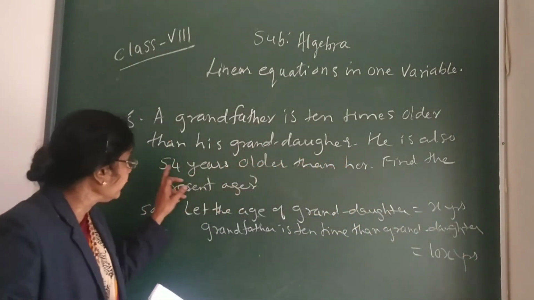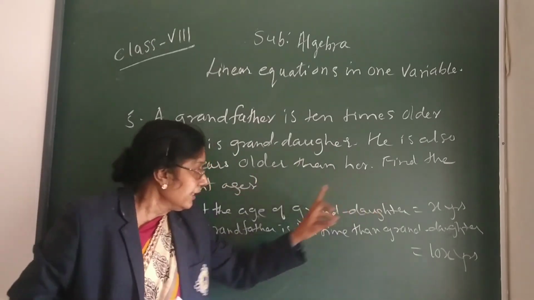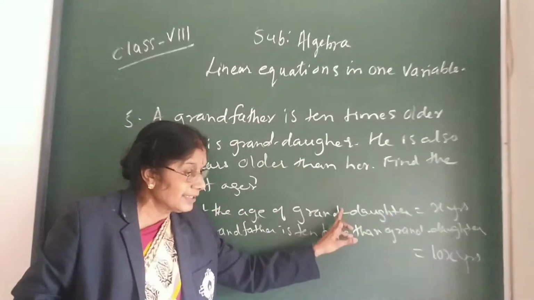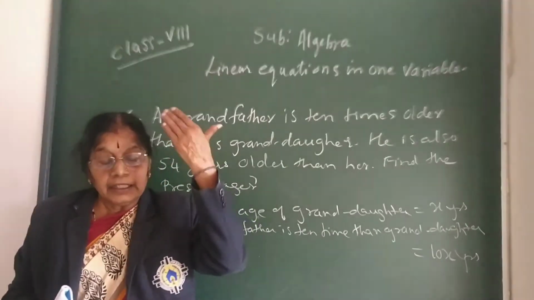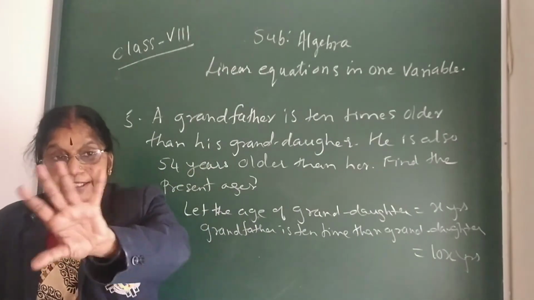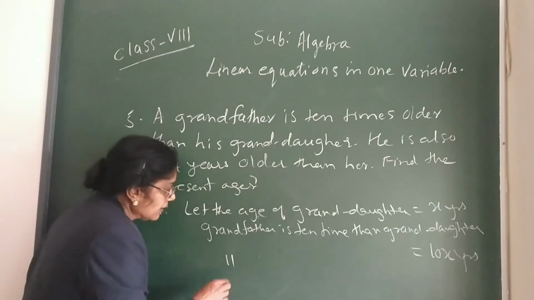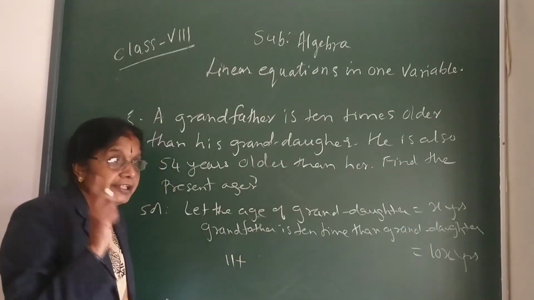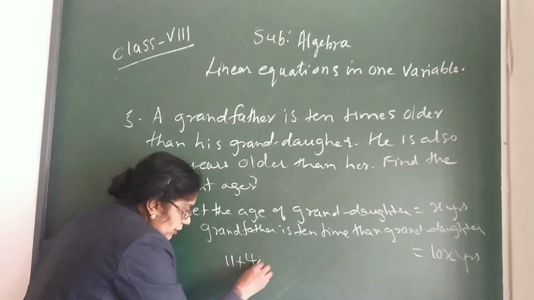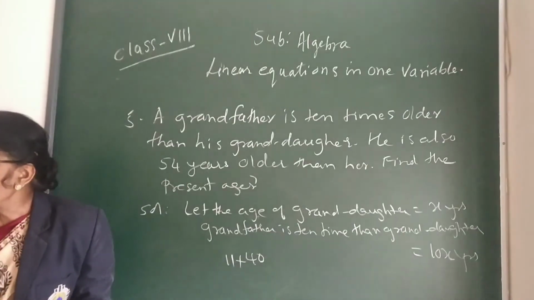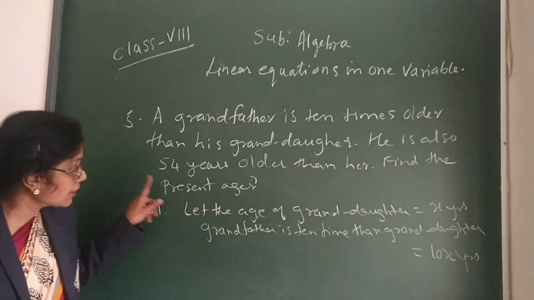And what is the next one given? He is also 54 years older than her. If granddaughter is x years, you have to add 54 to the x years, then you will get the grandfather's age. Suppose you are 11 years, your grandfather is 40 years more than you. You have to add 40, so you will get the grandfather's age. Same is this also.